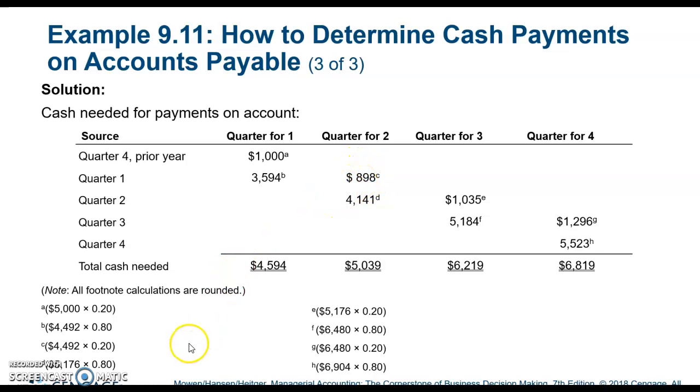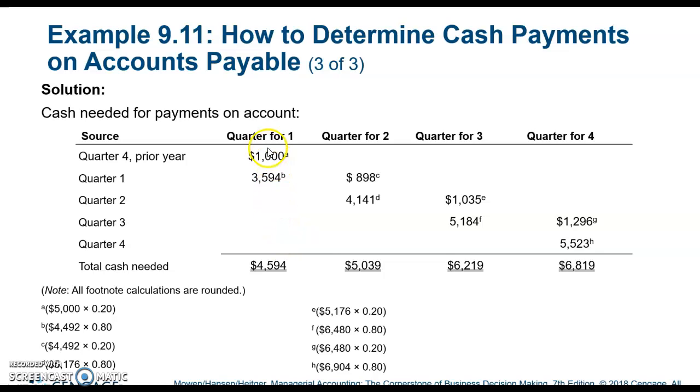In quarter two, we said we'd have $51.76 of raw materials that we had to purchase. Of that, 80% we'll have to pay for during quarter two, and the other 20% we'll pay for in quarter three. Okay, and we follow along just like that.